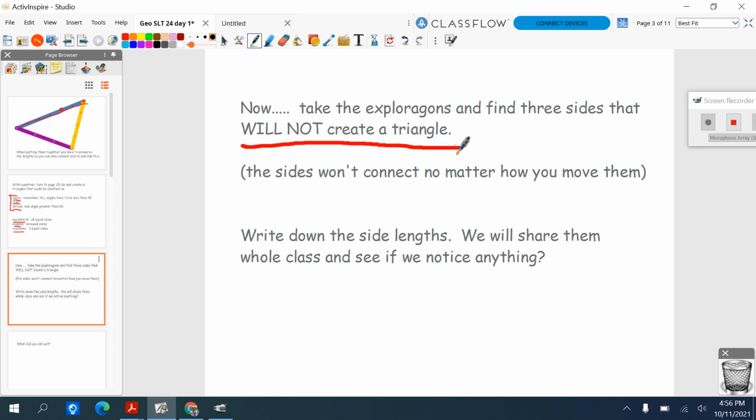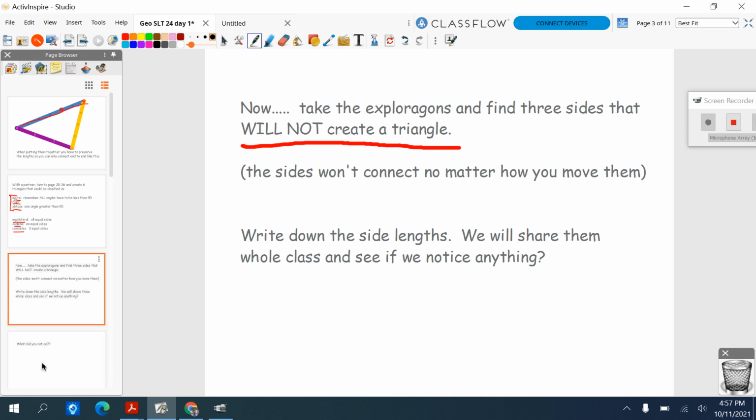Let's give everyone about 2-3 minutes to do this. What I want you to do is write down the side lengths. If you look closely at the Exploragons, they have the actual numbers for what the lengths are. I believe it's centimeters, but whatever it is, you can just say units. Then we're going to share them as a whole class and see if we notice anything. So go ahead and pause and see if you can find 3 Exploragons that do not form a triangle.